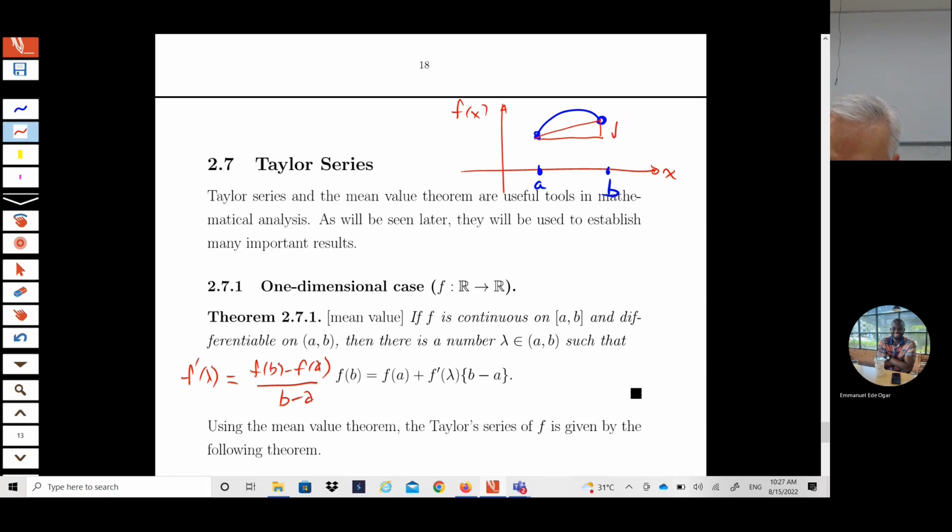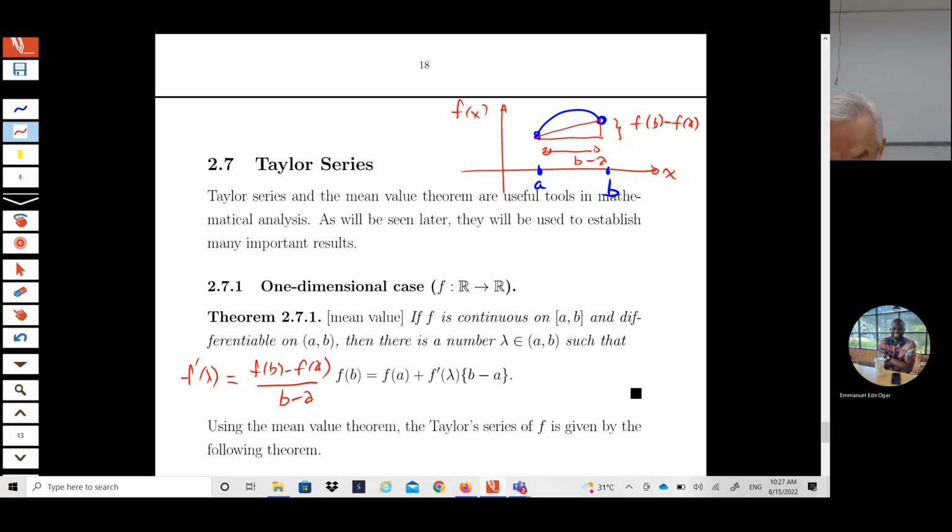This is f(b) minus f(a), and this is b minus a. So f(b) minus f(a) divided by b minus a is the slope of this line.